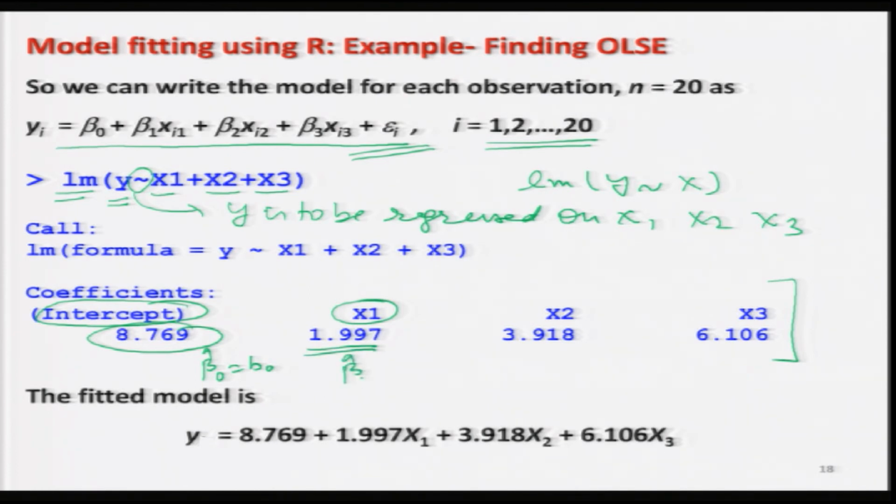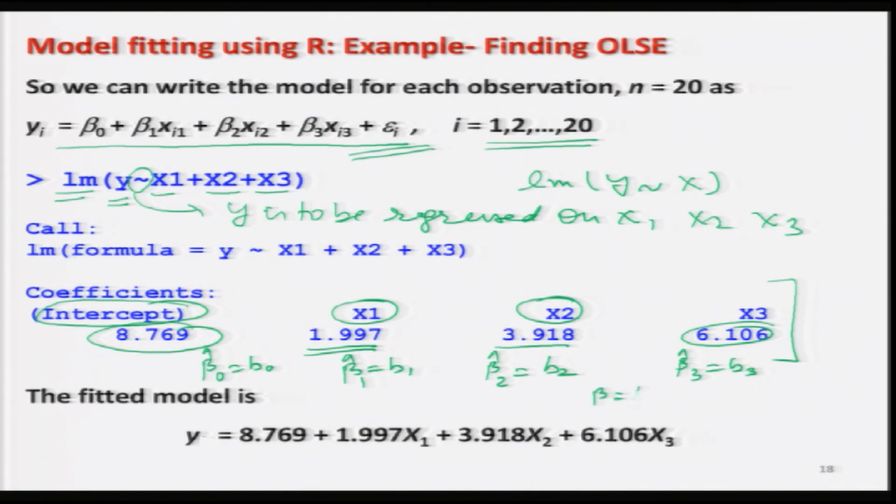This is the value of beta 1 hat, which you indicate by b1. The value corresponding to x2 is 3.918, which is the value of beta hat 2, indicated by b2. And x3 has a value of 6.106, which is the value of beta hat 3, indicated by b3.